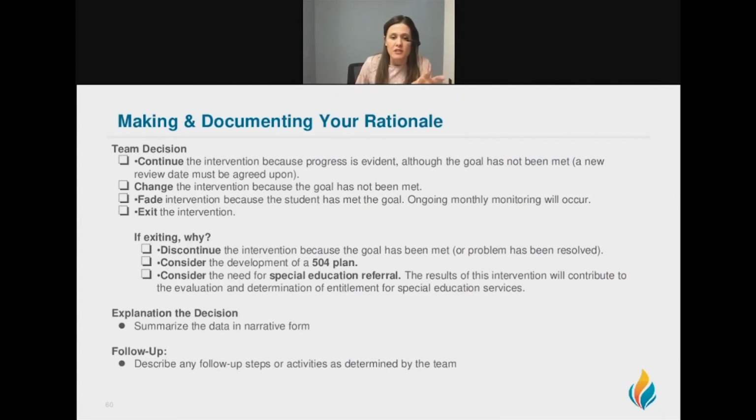When you're making the decisions about students, we're going to continue because, we're going to change the intervention because, fading it out. So you have all of these different things listed out, and you can use this as an example. But making sure that we're documenting why we're making the decisions is important so that when we come back later on, we can understand what was happening.